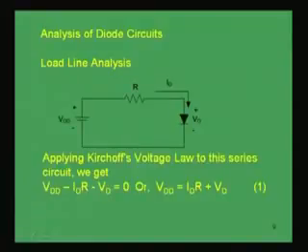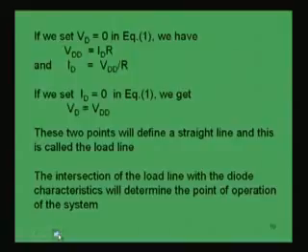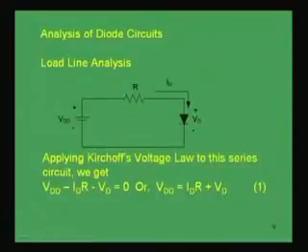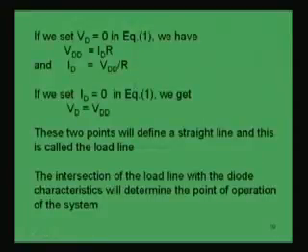So, simplifying this, we get VDD equal to ID R plus VD. Now, in this equation, if we set VD equal to 0, we get the maximum diode current that can flow in the circuit, given by ID equal to VDD by R. So, that will be one extreme point, which denotes the maximum diode current that can flow in the circuit.